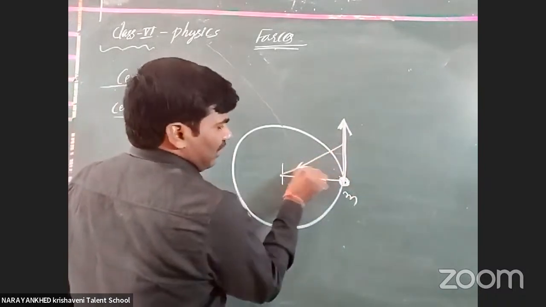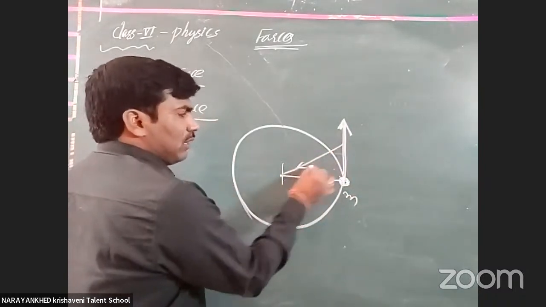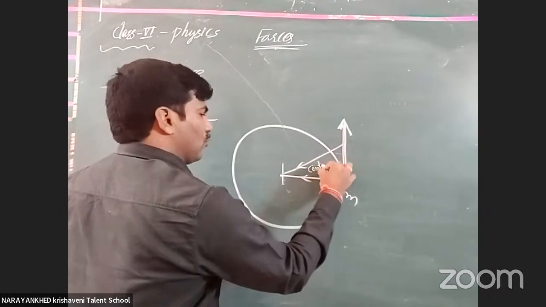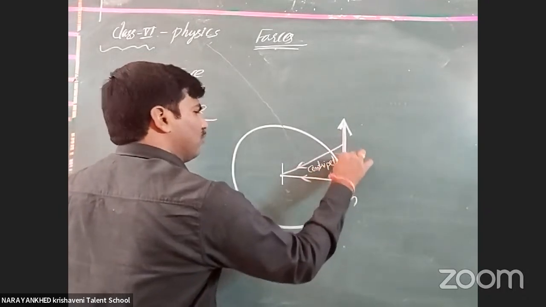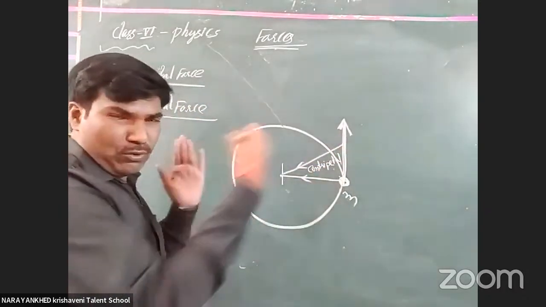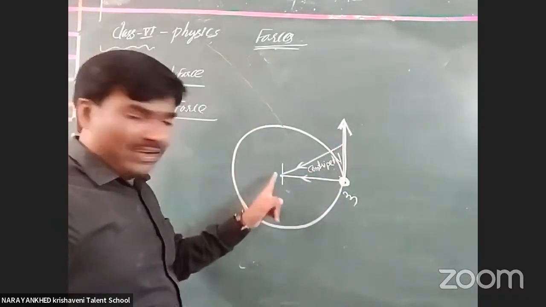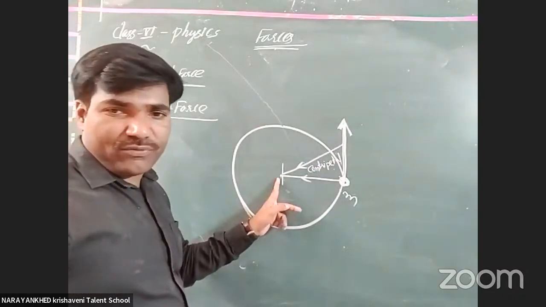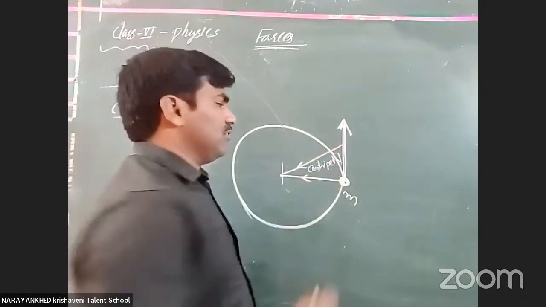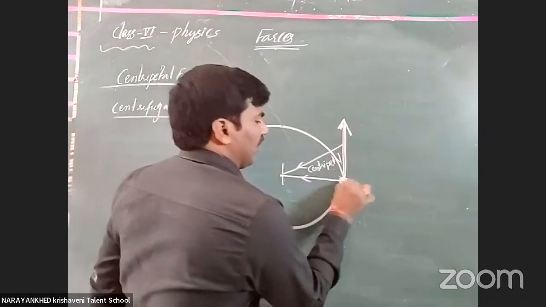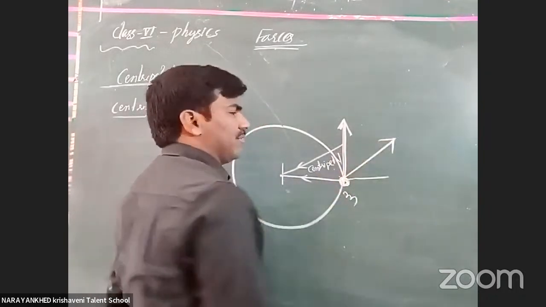But what is working there? It is the centripetal force. What is the centripetal force here? The force acting toward the center. Understood all of you? But in the same situation, one more force is also working away from the center.